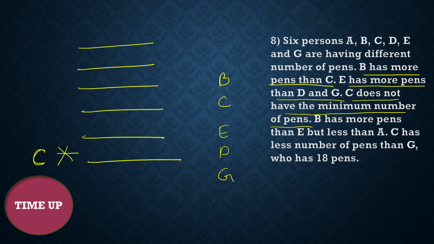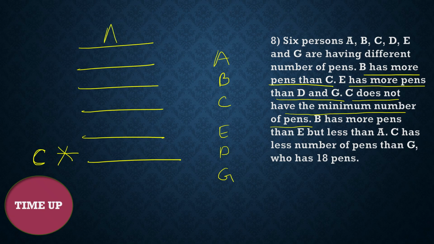B has more pens than E, but less than A. C has less number of pens than G.